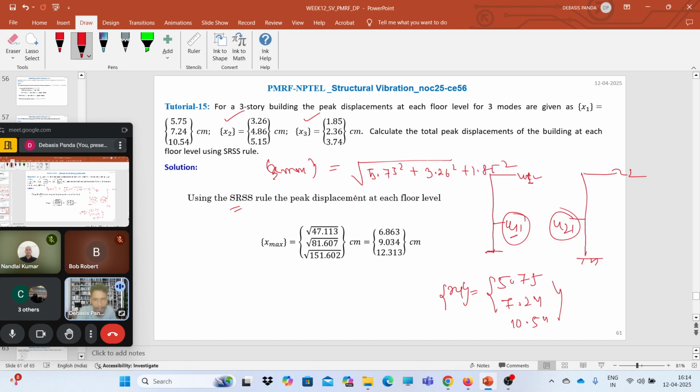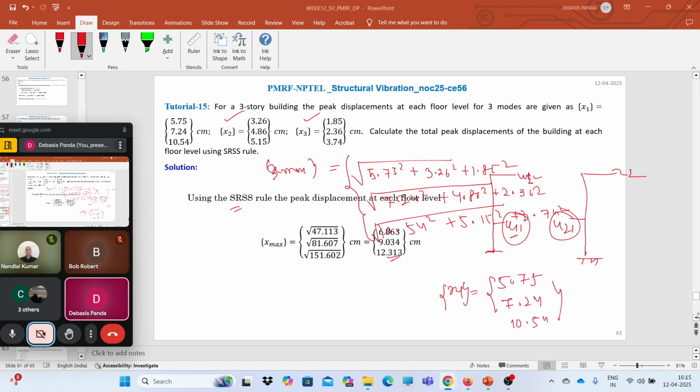Again for the second element, that will be the square root of 7.24 square plus 4.86 square plus 2.36 square. And for the third element, the square root of 10.54 square plus 5.15 square plus 3.74 square. You will get the values, right? And for the absolute sum, you just need to take the absolute values. So they will not ask for the absolute sum, they will ask for SRSS if given.